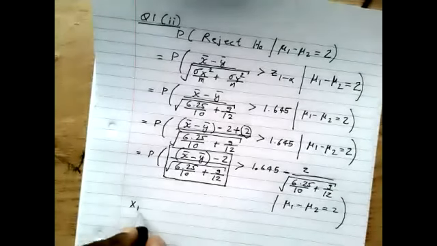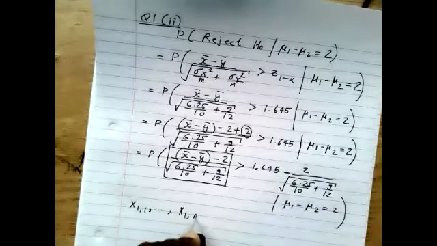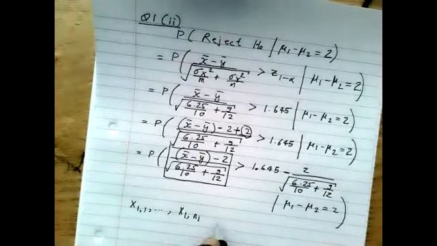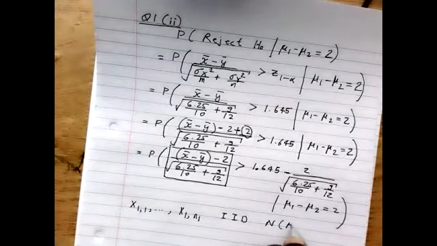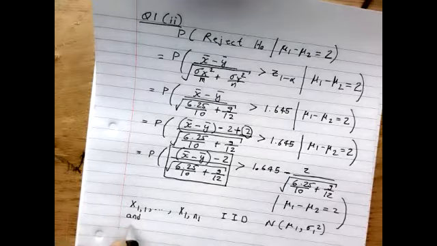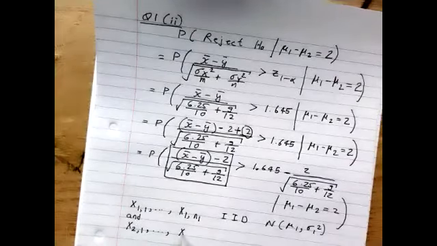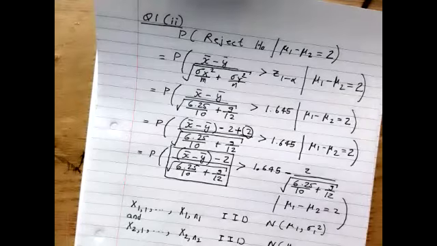Suppose you have a random sample of size n1, which are IID from a normal with these parameters. And you have another random sample which is IID from a normal.